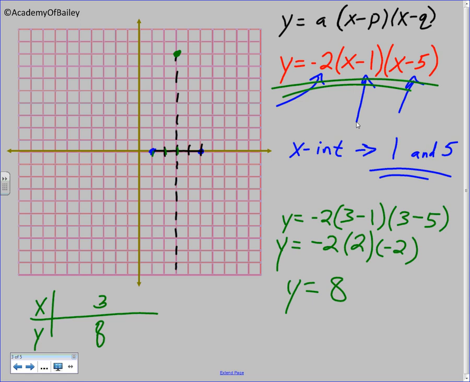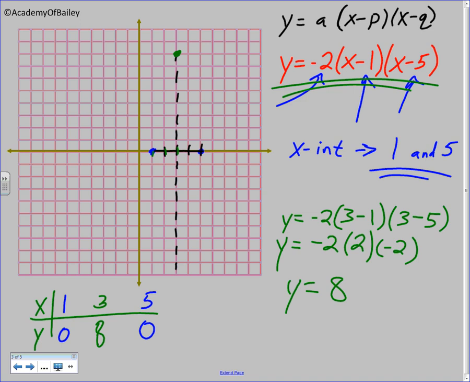And it does look like it's going to open down. So, the other 2 points that you need, well, you have a (1, 0), and you also have a (5, 0). So you could do a couple different things.